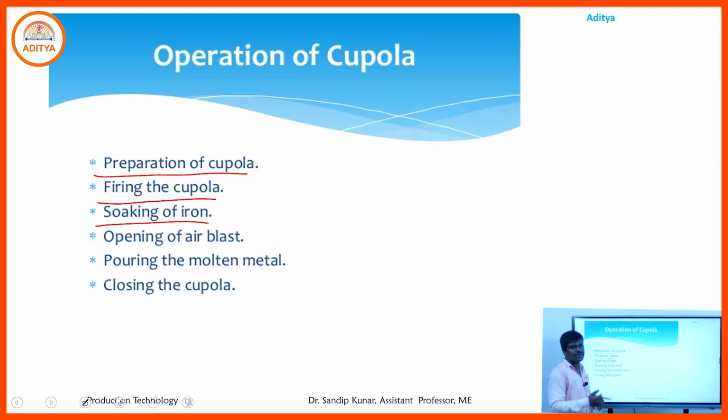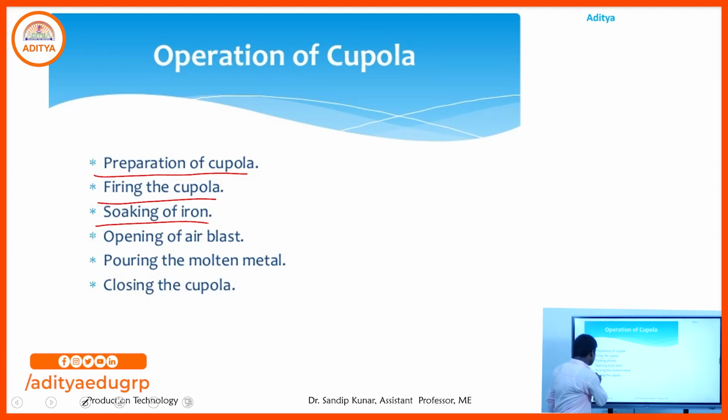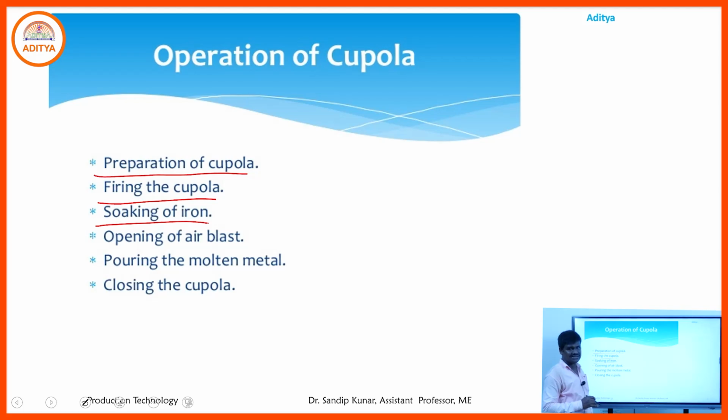After generation of the molten metal, we collect it from the furnace through the tapping hole. Then we close the cupola, and again preparation, firing, and the process starts over.